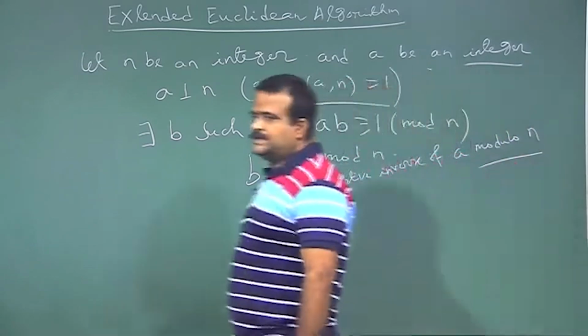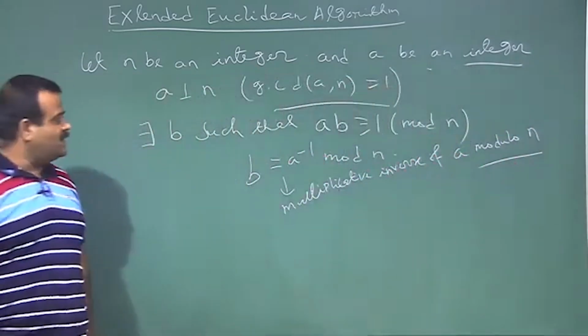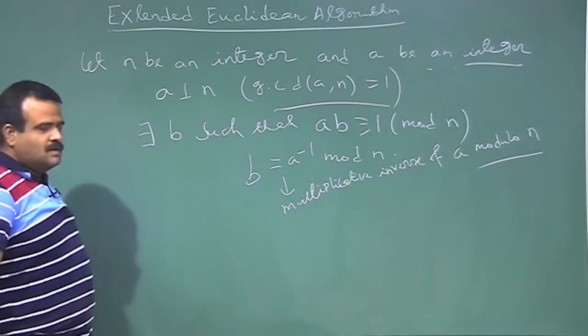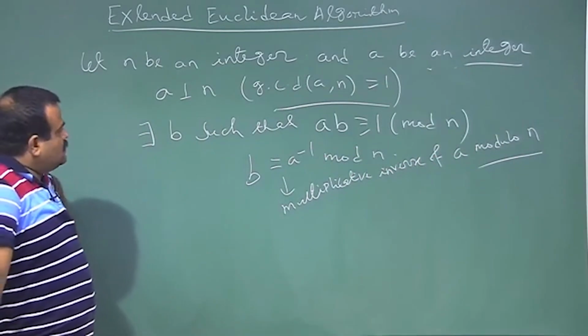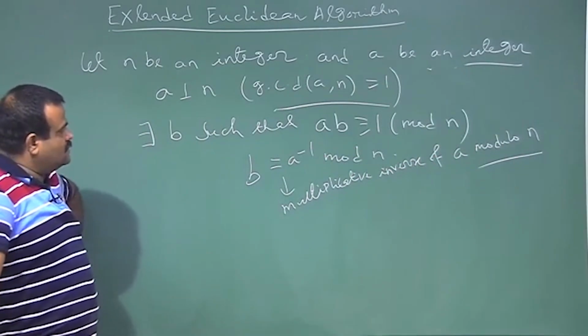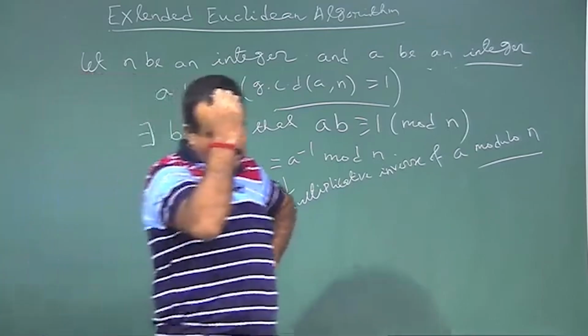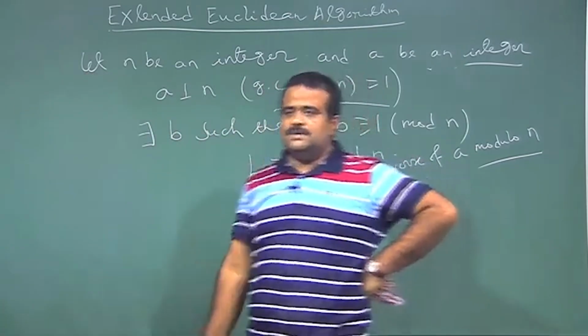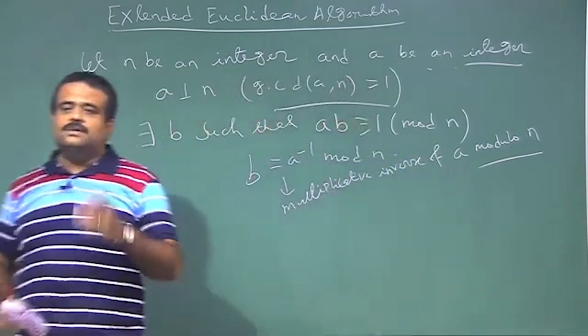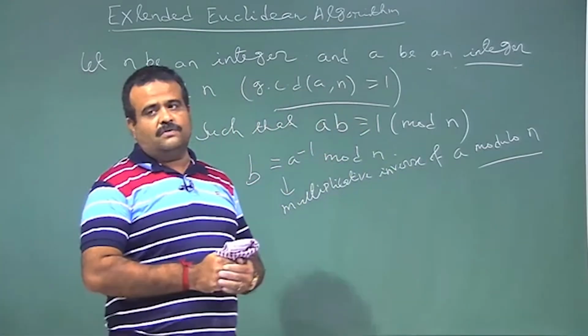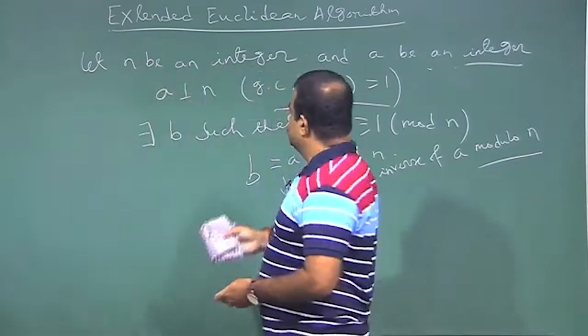In this lecture we will see how we can find such a b, the inverse a inverse. That is basically coming from the Euclid algorithm, but we have to extend it a little bit. Euclid algorithm will give us what? GCD of two numbers a, b.